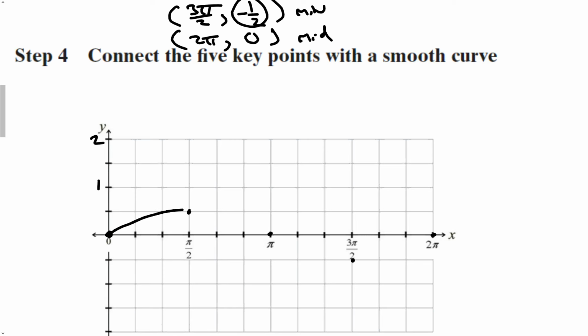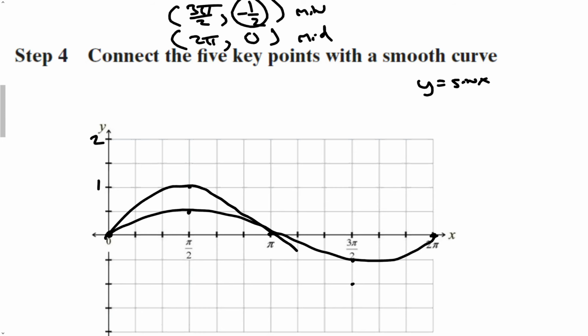So I get my curve that is a little bit flatter. If I were to graph the parent function, that would still be 0, then 1, 0, negative 1, 0. And you can see that we have vertically compressed the function by changing the amplitude.